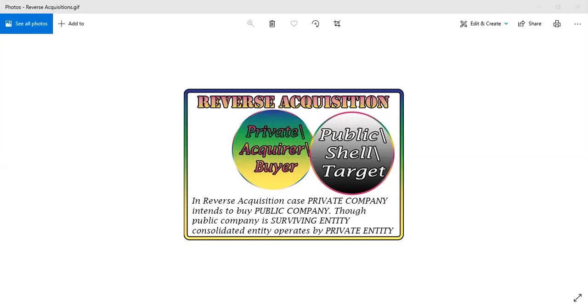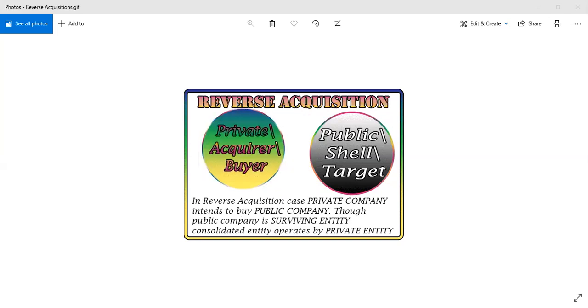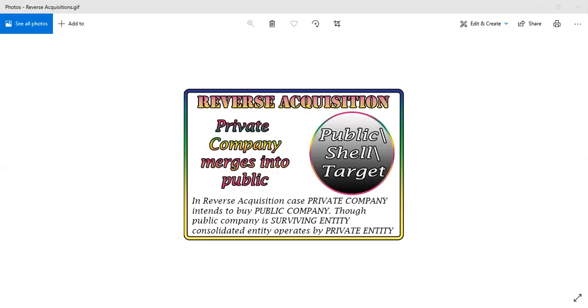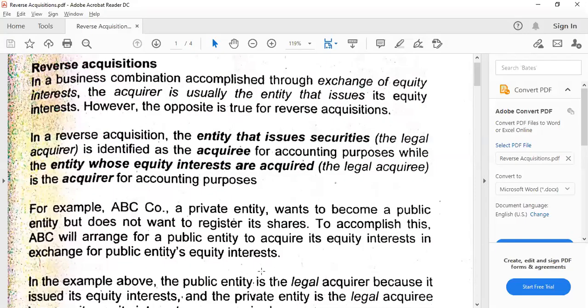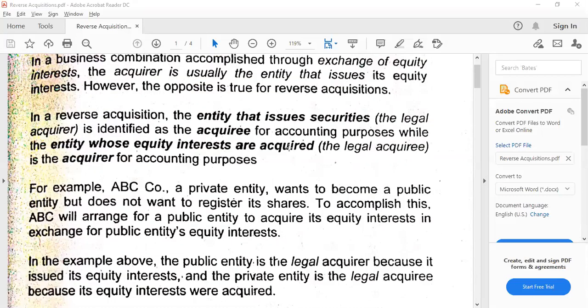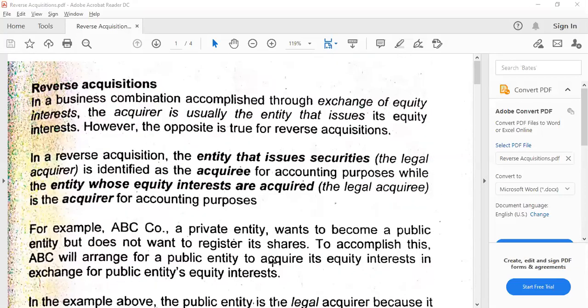Allow me to show you our source then. This is from the book of Millan, all about reverse acquisition. So hopefully it's viewable now. Reverse acquisitions, as explained: the entity that issues securities, that is the legal acquirer, is identified as the acquiree for accounting purposes.